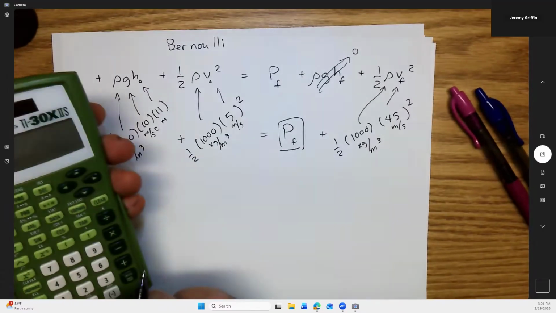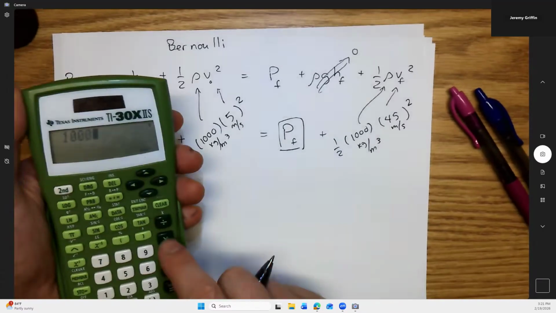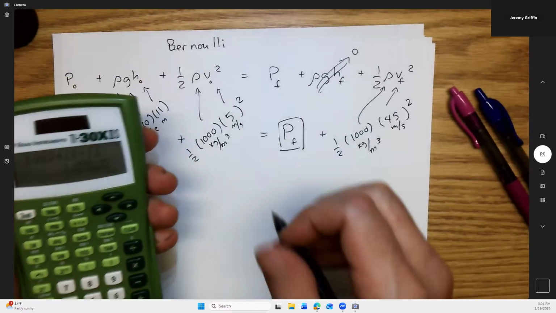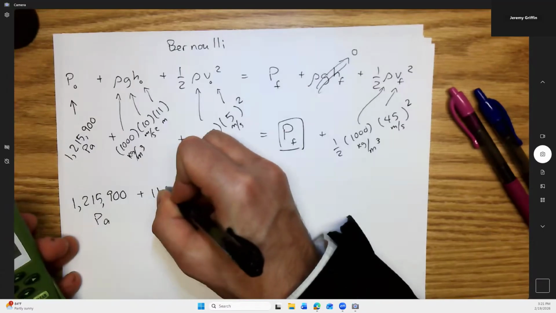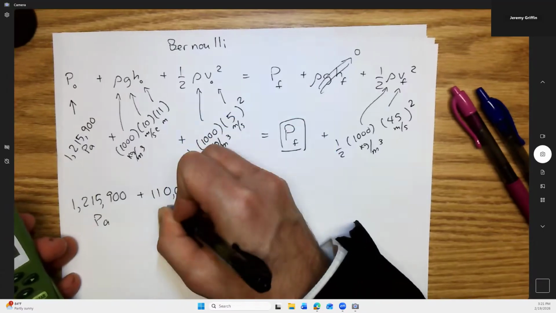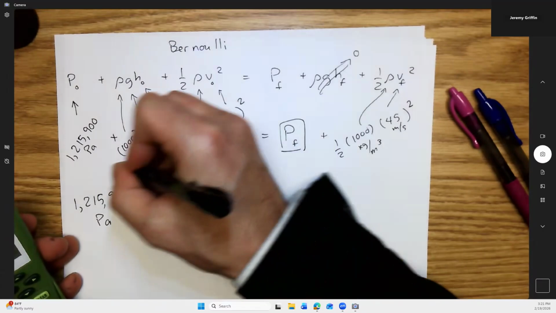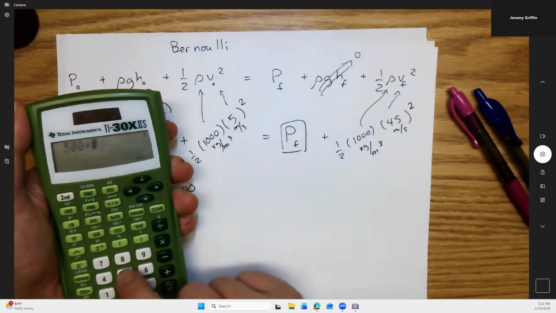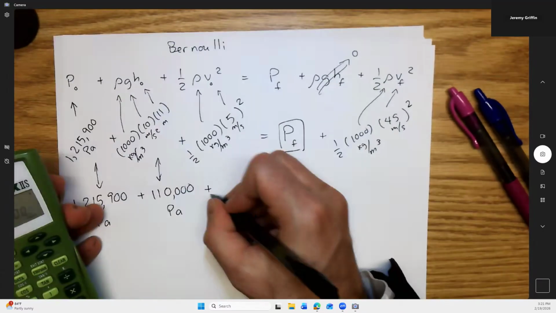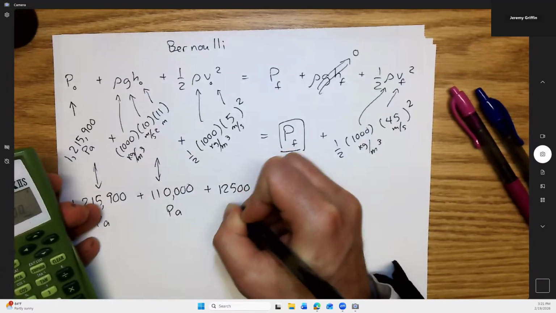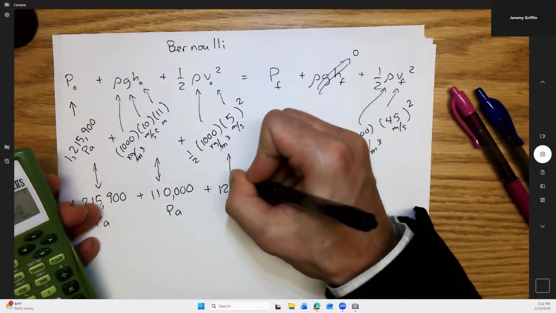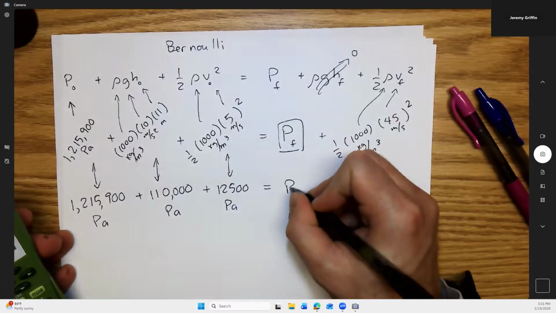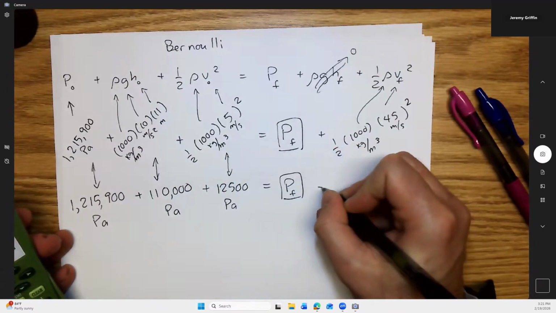How about this term? 1,000 times 10 times 11, I'm looking at 110,000 pascals from this one. And I'm looking at 12,500 pascals from here. Equals the pressure final we're solving for, the internal pressure.